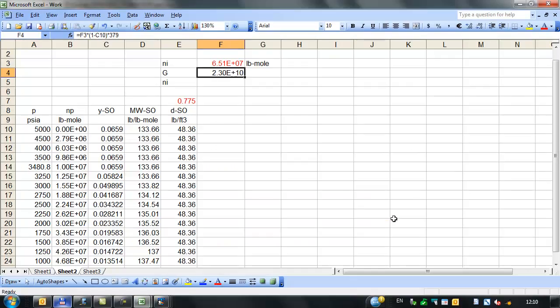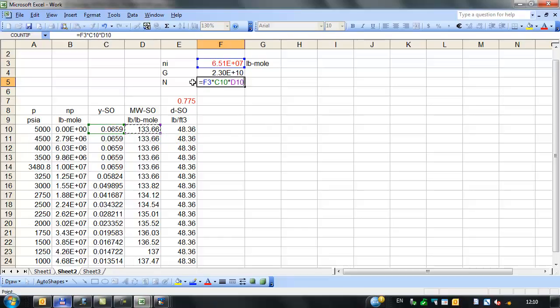And then we need to get the number of moles of the oil here. And that'll be the number of moles times the mole fraction times the molecular weight divided by the density.